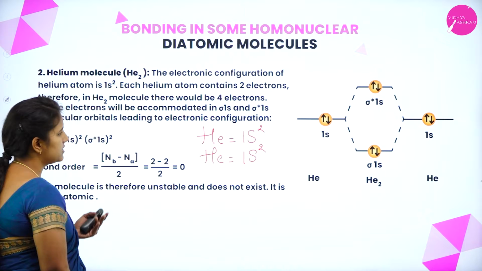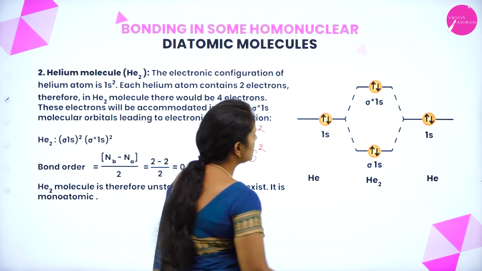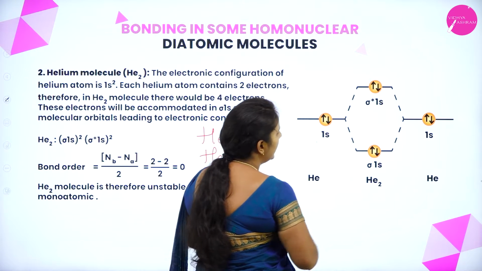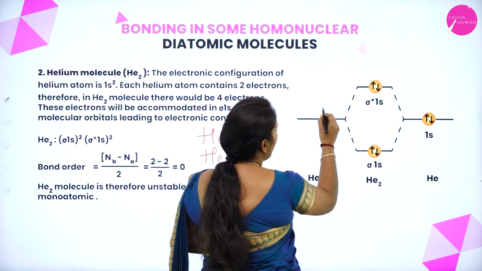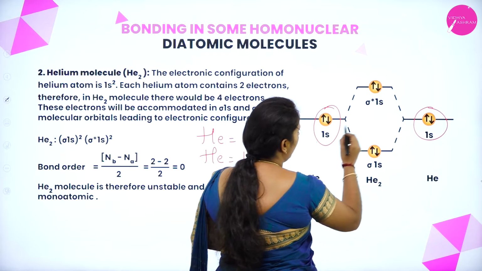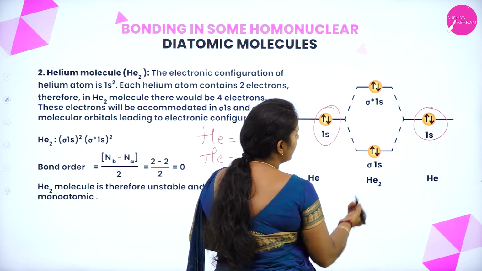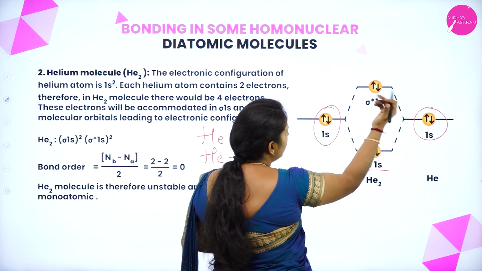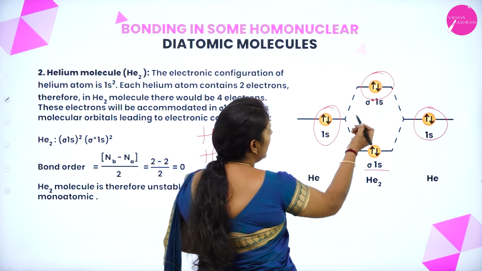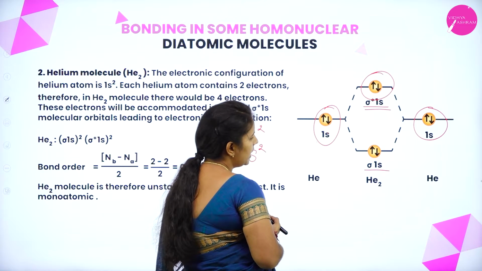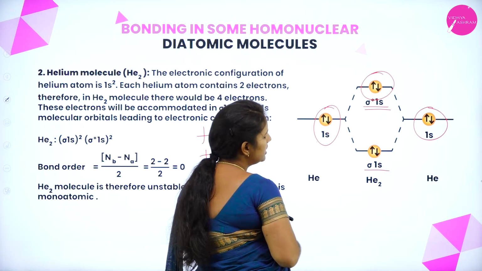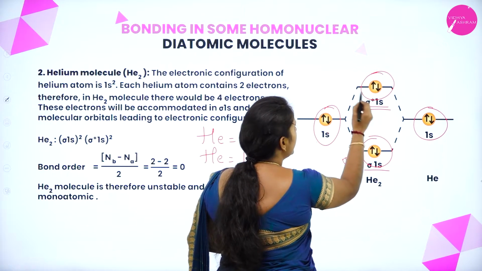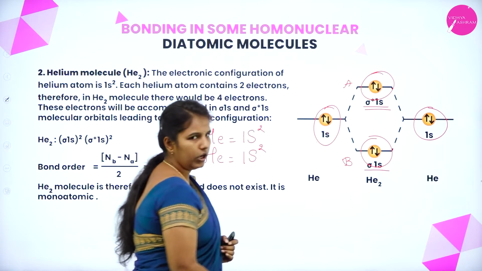Here you can see these two are the helium atomic orbitals, each having 2 electrons. When they combine, they form the bonding molecular orbital, and also the anti-bonding molecular orbital. So we have 2 electrons in the bonding and 2 electrons in the anti-bonding molecular orbitals.